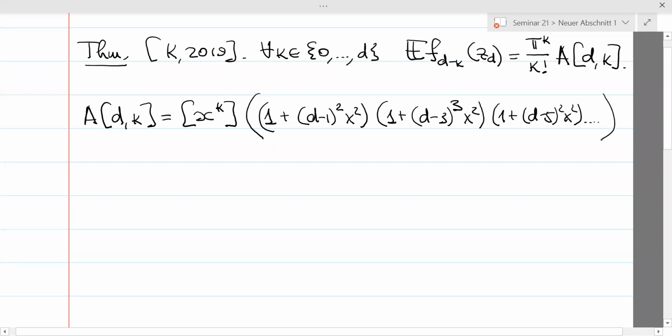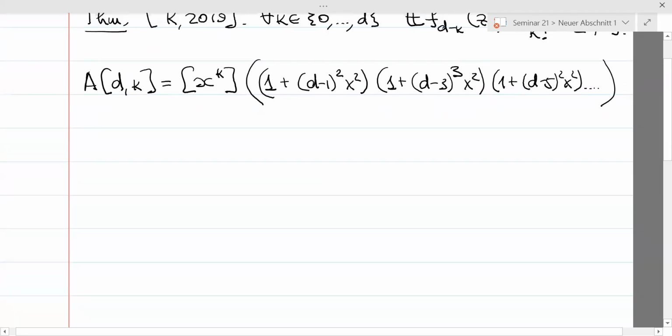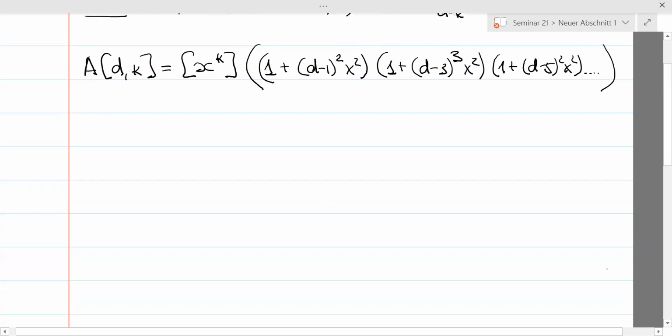And this is a polynomial. I don't mean an infinite series or product here. It's a polynomial. The last term is going to be either 1 plus x squared or 1 plus 4x squared, depending on whether d is even or odd. Now, this formula is claimed to hold only if k is even.